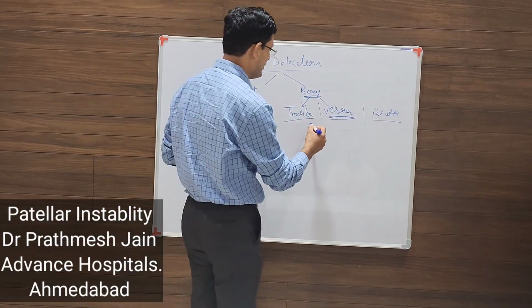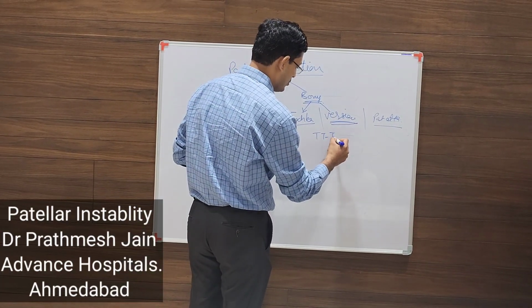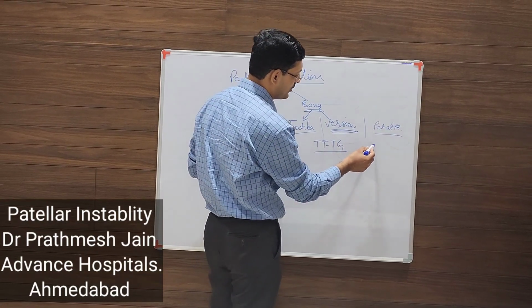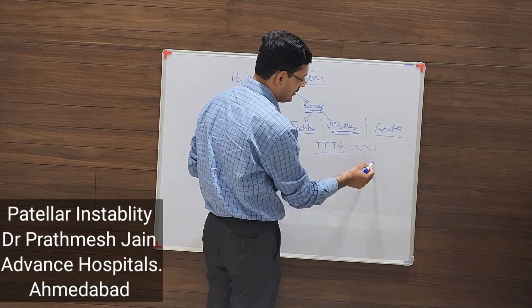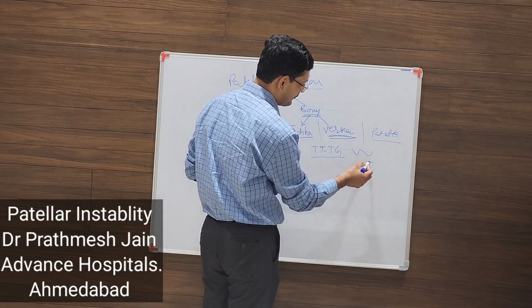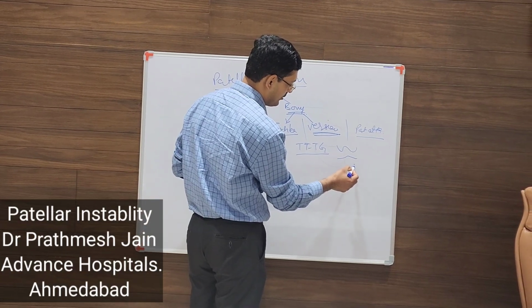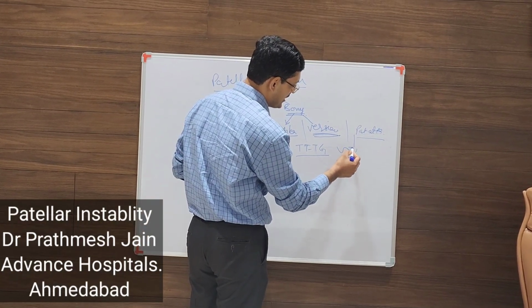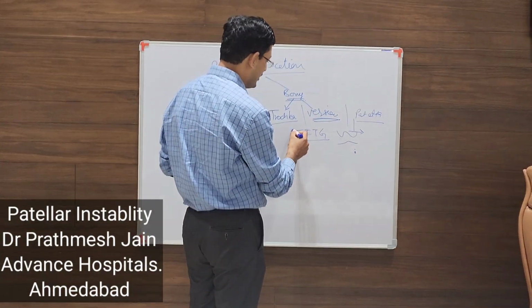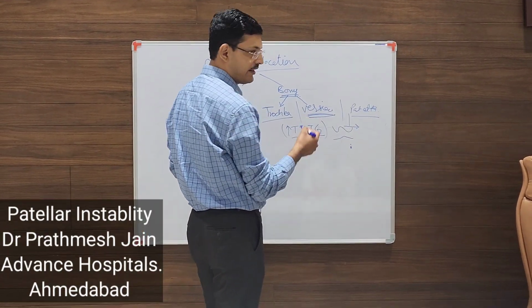So that is called the TTTG distance. Why is that important? Because if your trochlea is like this and the tibial tubercle is laterally here, then there is a lot of force acting laterally on the patella. So increased TTTG distance is a factor.